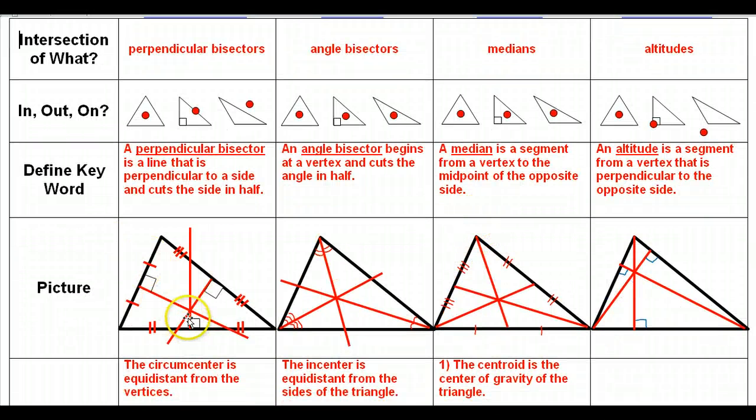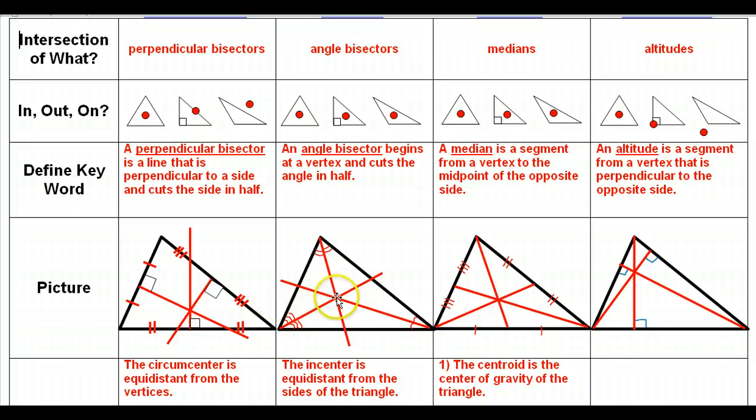In fact, when you draw your picture, if you do it right, drawing your perpendicular bisectors and your angle bisectors and your medians and your altitudes, notice all of these are examples of acute triangles, and notice that in each case they do in fact meet inside the triangle. But also notice they're not in the same spot.